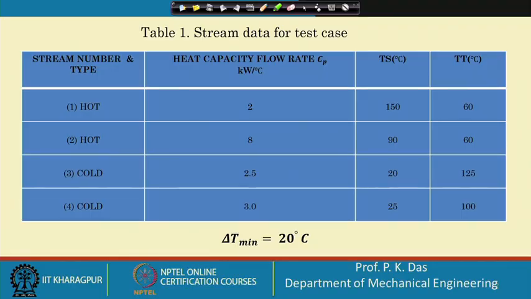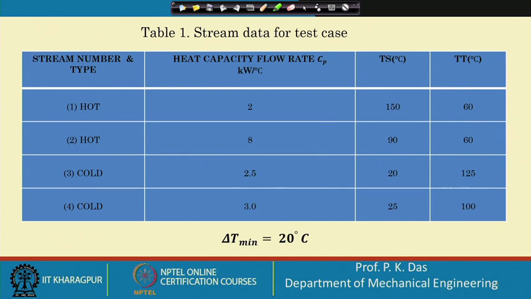So, the problem has got two hot streams, the heat capacity flow rate, capital C, it should not be Cp, it should be capital C, kilowatt per degree Celsius, for these two hot streams 2 and 8.